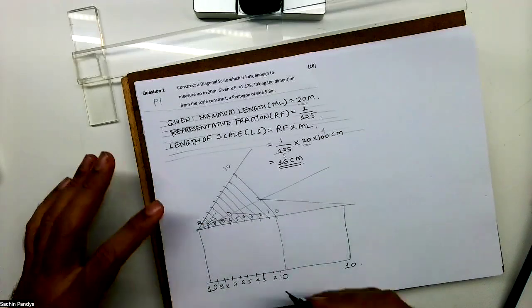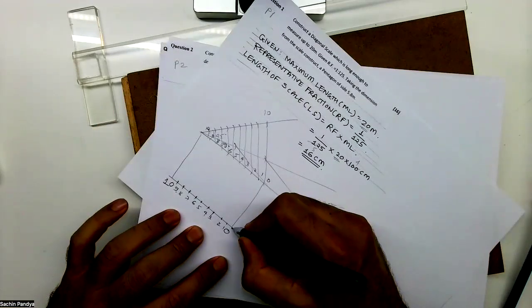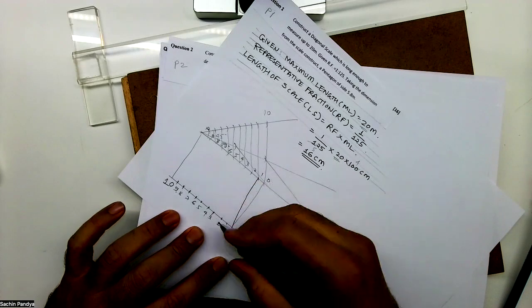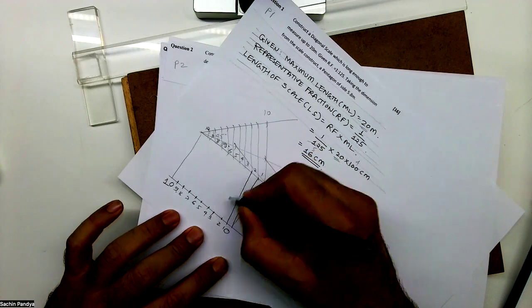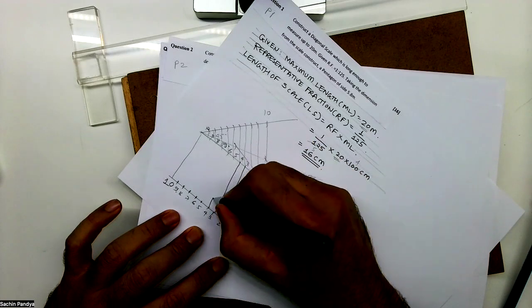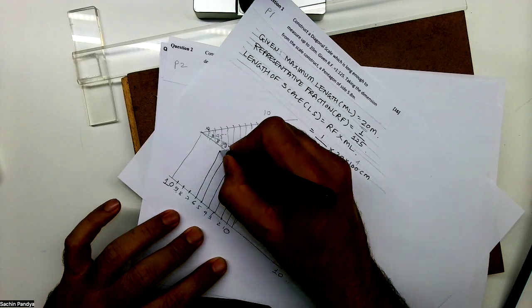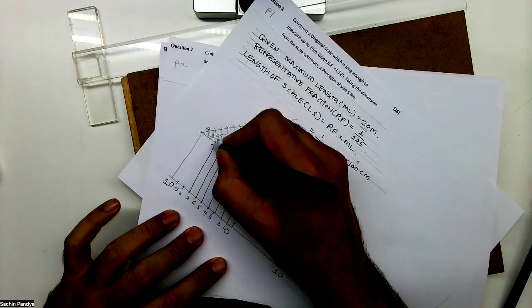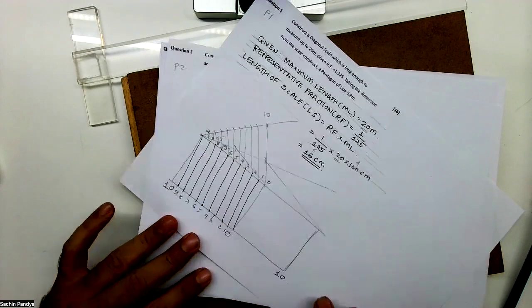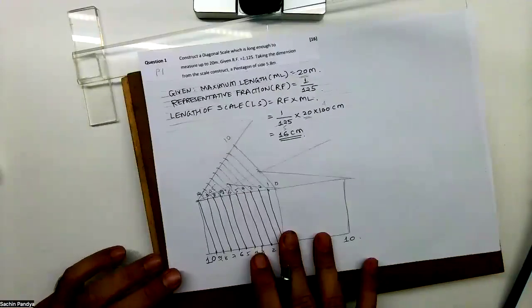Now what you need to do, you need to join 0 to 1. Remember that. Got it? We'll join 0 to 1, 1 to 2, 2 to 3, 3 to 4, 4 to 5, 5 to 6, 6 to 7, 7 to 8, 8 to 9, 9 to 10. This is how you will draw. I'll keep this aside.